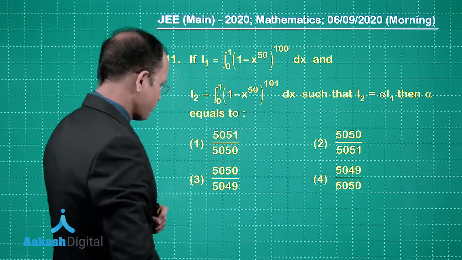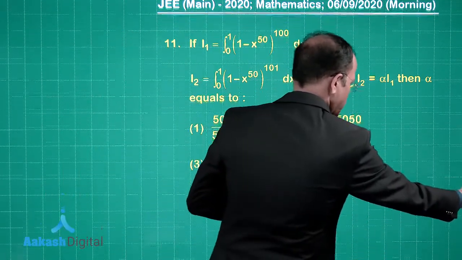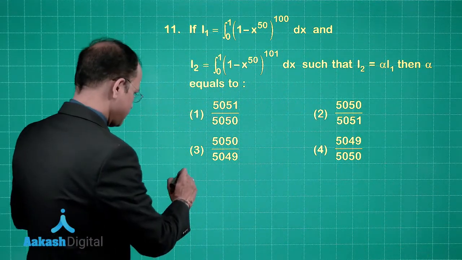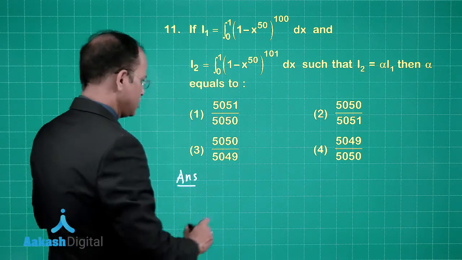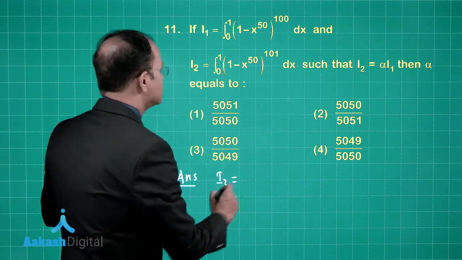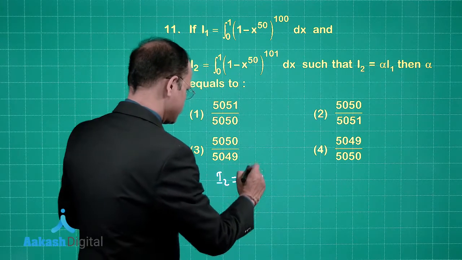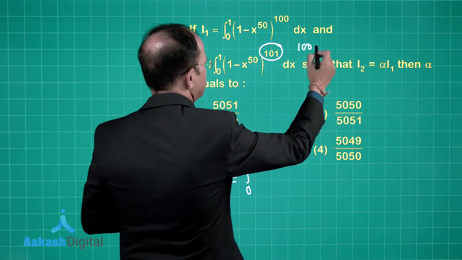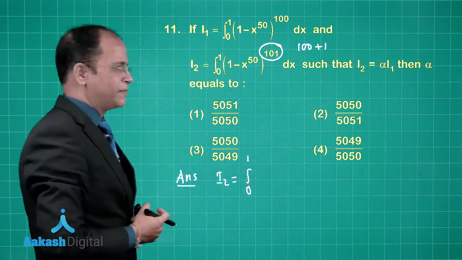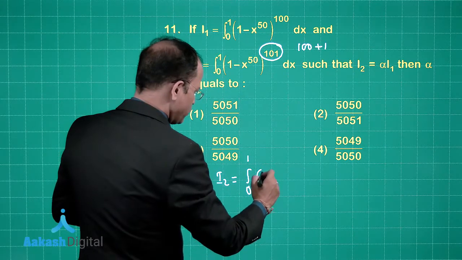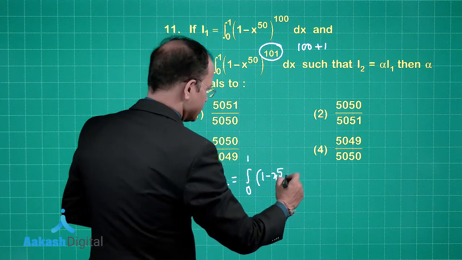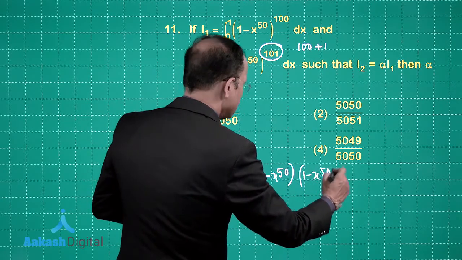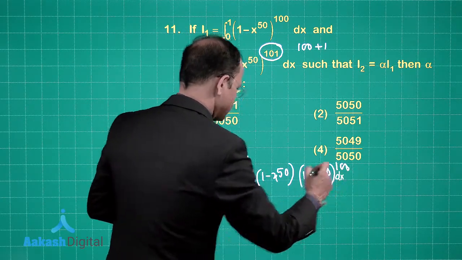So what we can do, I will just show you the way we can proceed. I2 can be written as the integral from 0 to 1, and this is 101, we can just write it as 100 plus 1. So the exponential property can be used here. So this is 1 minus x raised to the power 50, and this is (1 minus x raised to the power 50) raised to the power 100, and this is dx we have.